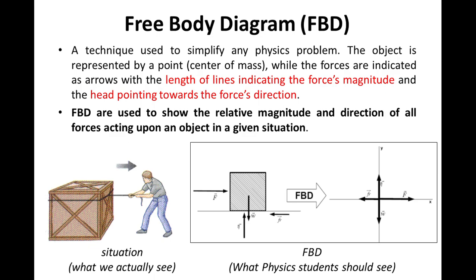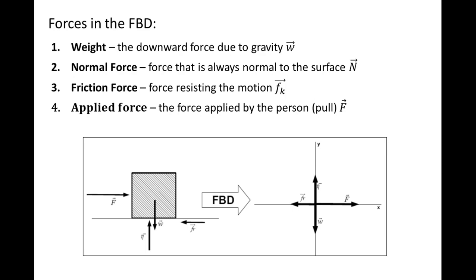To understand fully how to make the free body diagram, let me introduce you formally to these three forces. The downward force shown in our previous FBD, or shown here in this slide also, is known as the weight, or the force that is due to the pull of gravity on anything that has mass.